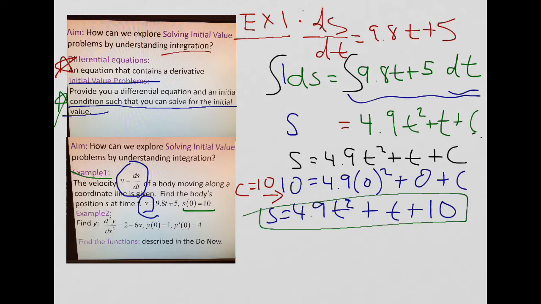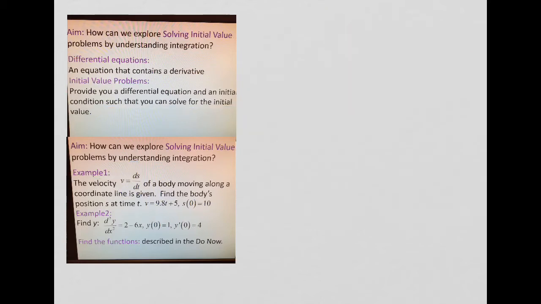Okay. Let's take a look at example 2. It's a little bit different. Again, if you didn't get something down, then please make sure that you rewind the video, and get down what you need into your notebooks. So in example 2, the reason why it's different is it's saying find y, but they give you the second derivative because it's indicated by d squared y over dx squared.